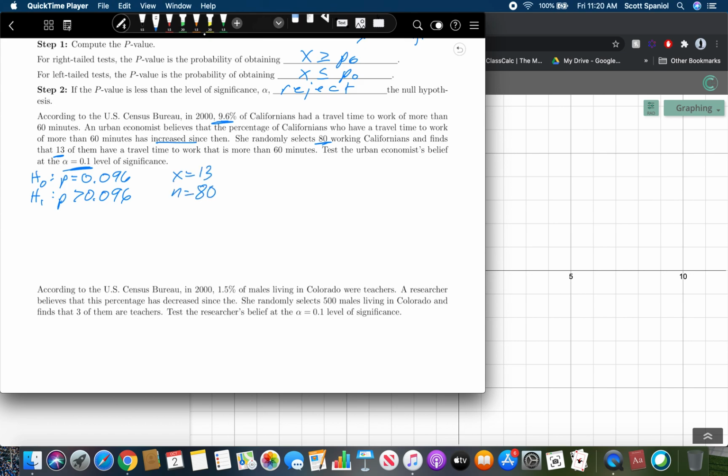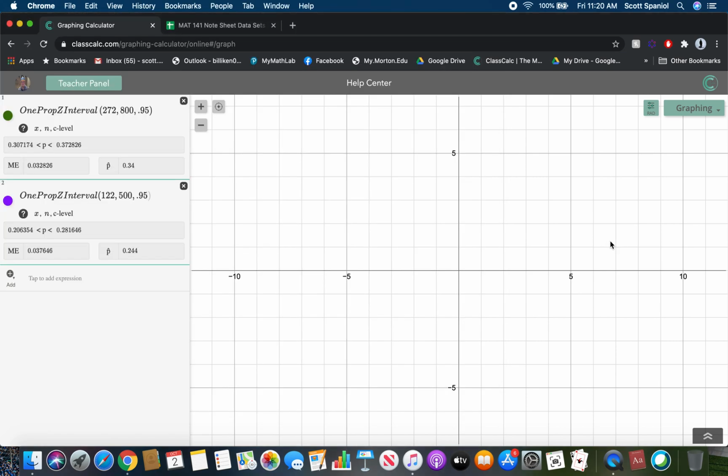If we take n times p naught times 1 minus p naught, we get 80 times 0.096 times 1 minus 0.096. So we can bring that up on the calculator here, and we get 6.94, which is not greater than or equal to 10.